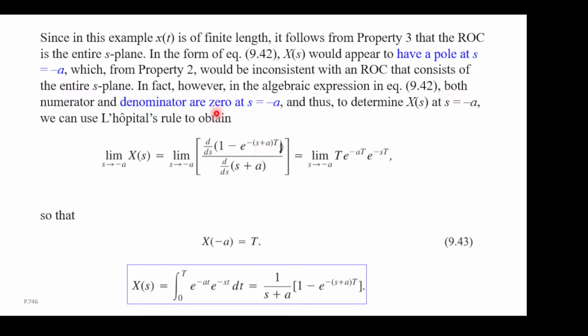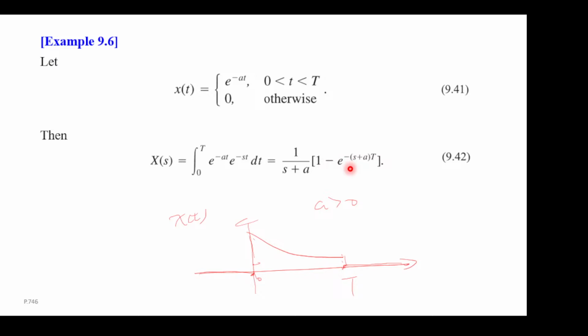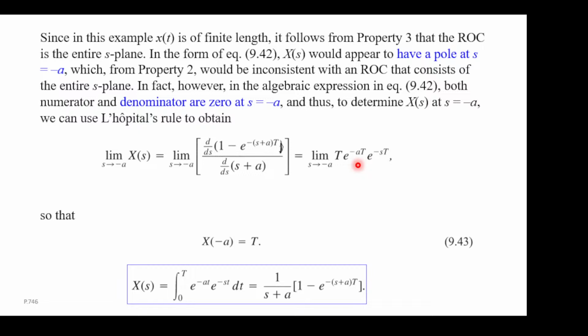Okay, so in the upper part we have this weird 1 minus e to the minus (s plus a)T. So at s equal to minus a, this part is 0, so you have 1 minus 1. So you have 0 over 0 at s equal to minus a. If you want to find the actual value of X of s at your pole, then we can use calculus, L'Hopital's rule.